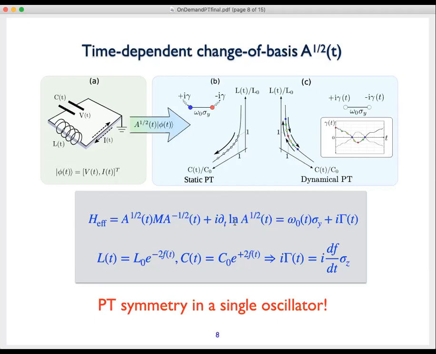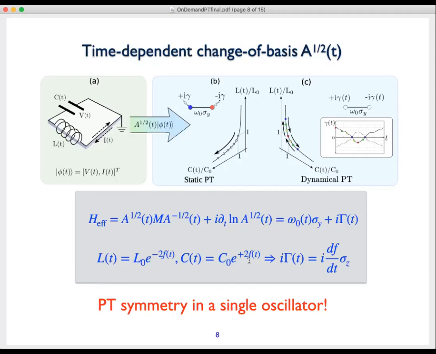One easy way to characterize it is to have L of t equal to L naught times some exponential function, and C of t equal to C naught times the same exponential function with a minus sign in the exponent. That pretty much guarantees that the product is constant, so omega naught is constant. And this f could be any function. It can be linear in time, periodic, or aperiodic, it doesn't matter.